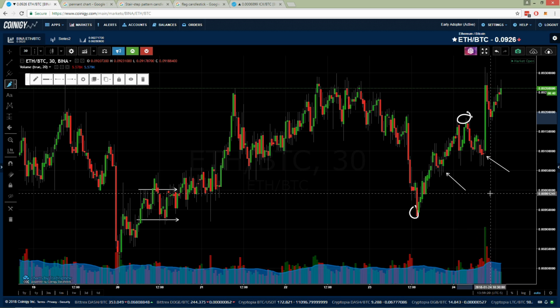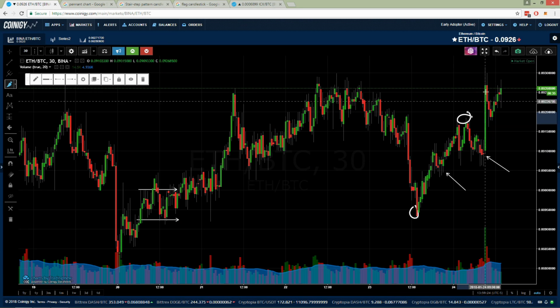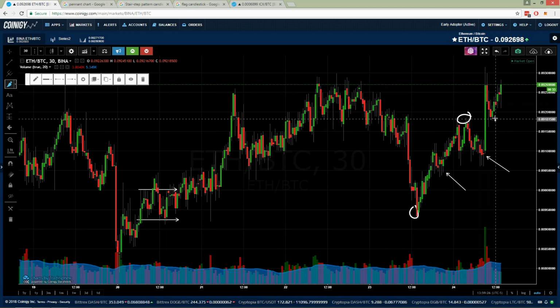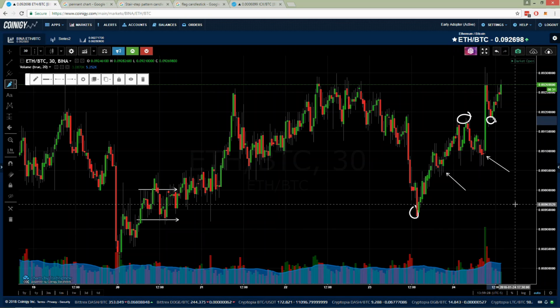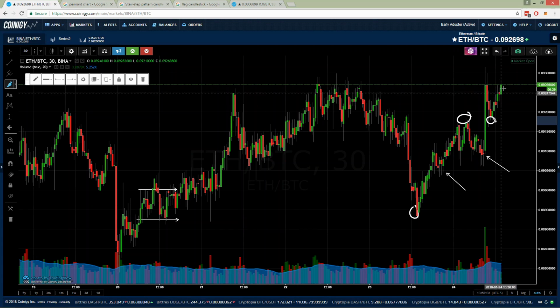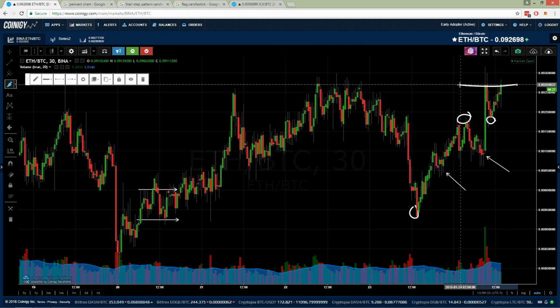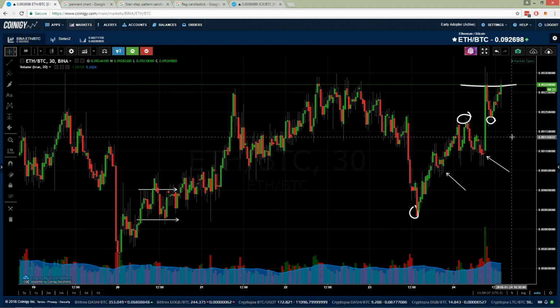Then you see this developing and this spikes and you didn't get in down here. You see the first pullback, this is where you would buy in. Because as you can see, we went back up and we met this price here. So that's a good safe spot to buy. The first pullback after a major run is usually pretty safe to buy.